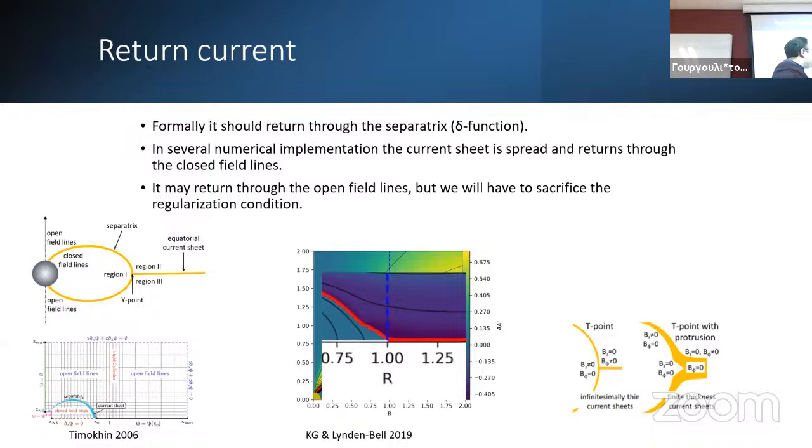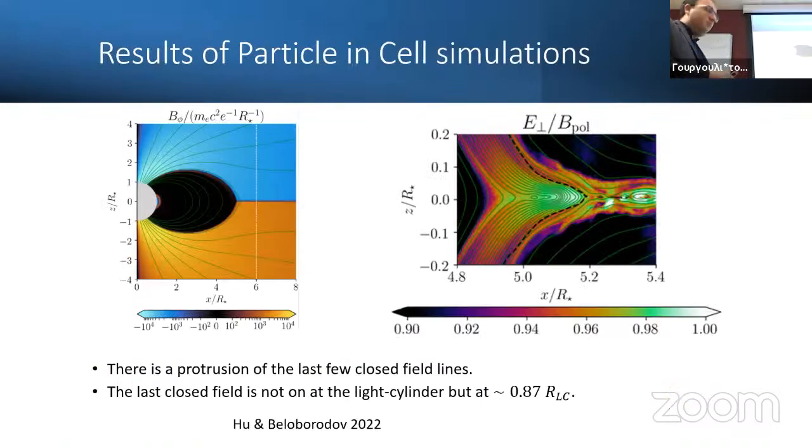So instead of the last closed field line following, let's say, a smooth path, at the same time it's expanding over here. The reason this is happening is because essentially we have spread this layer instead of having it as a narrow region.